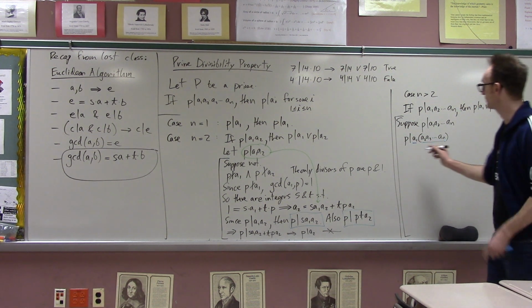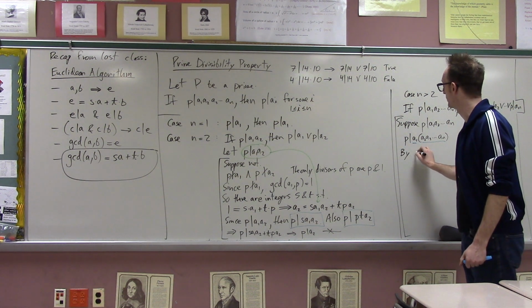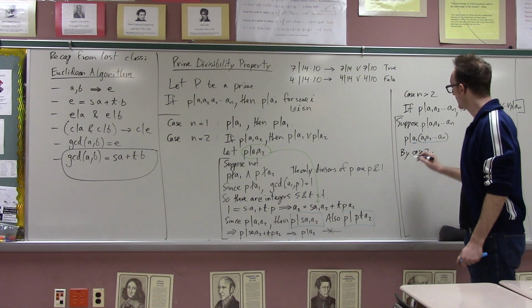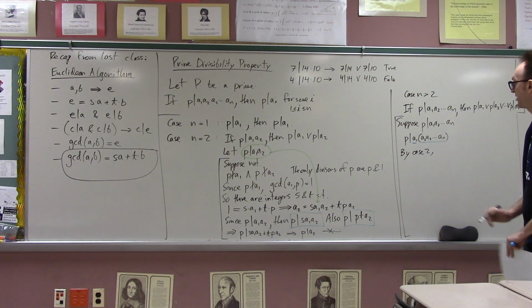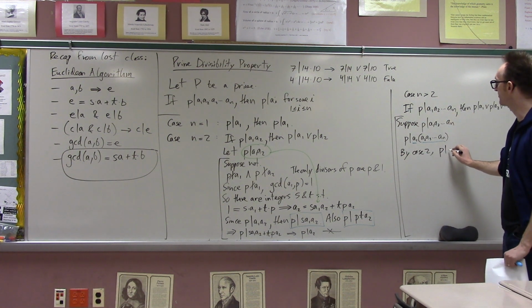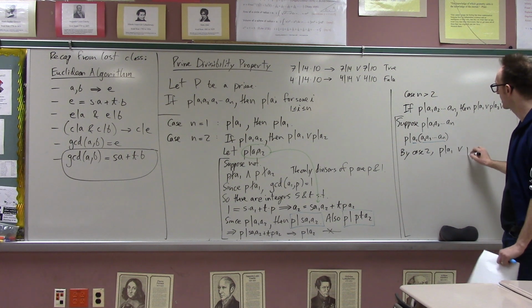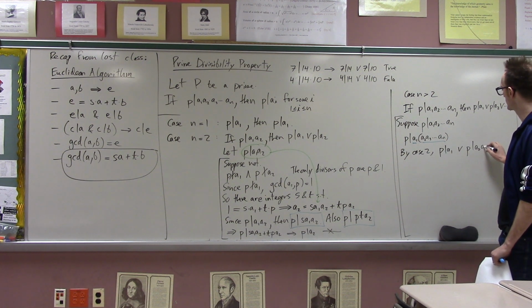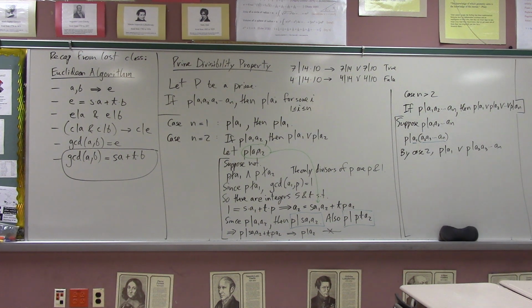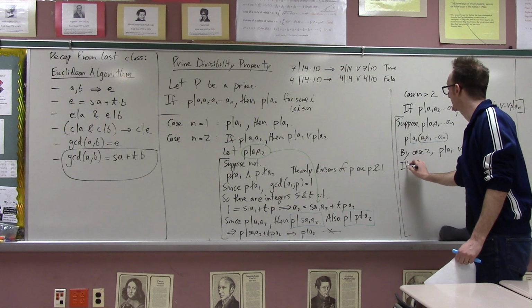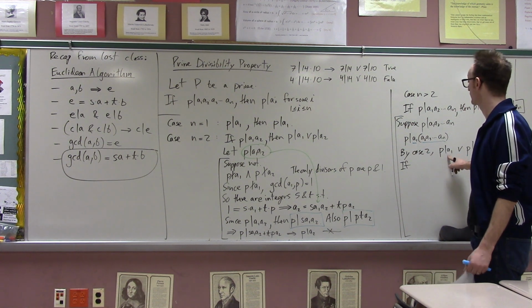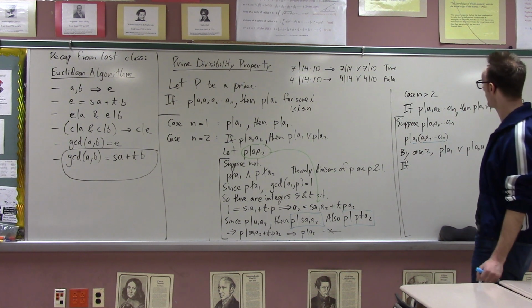And so now we say by case 2, we know that if P divides two numbers, then P must divide one of them. So P divides A1 or P divides A2, A3 to AN. Well, if P divides A1, then we're done. We've shown that P divides one of them.